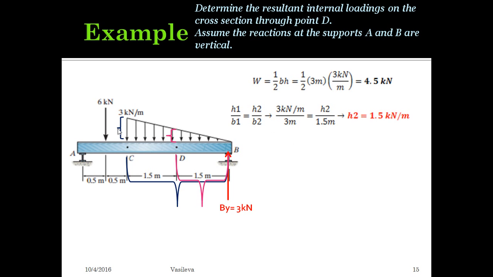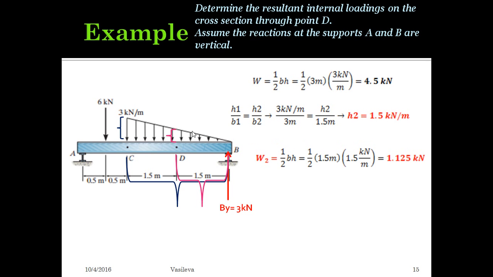So height 1 is 3, base 1 is 3, and then height 2 is unknown, and base 2 is 1.5. So we end up with H2 equals 1.5 kilonewtons per meter.